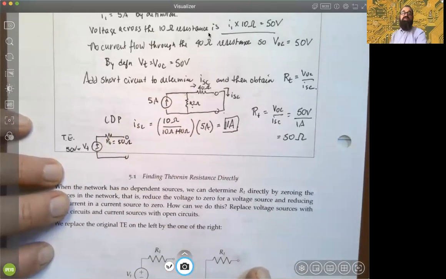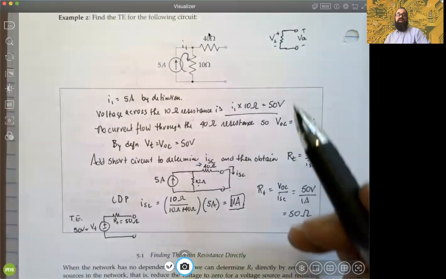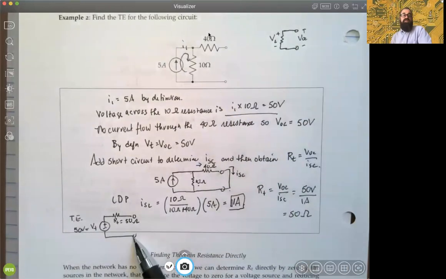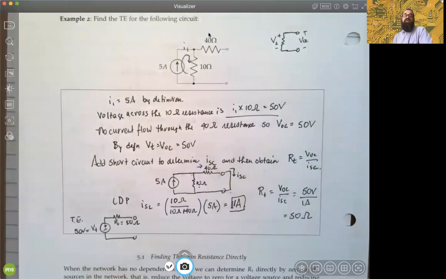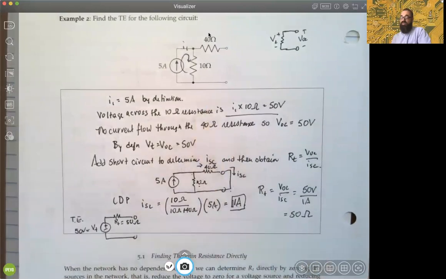Looking at the totality here, there's its Thevenin equivalent.